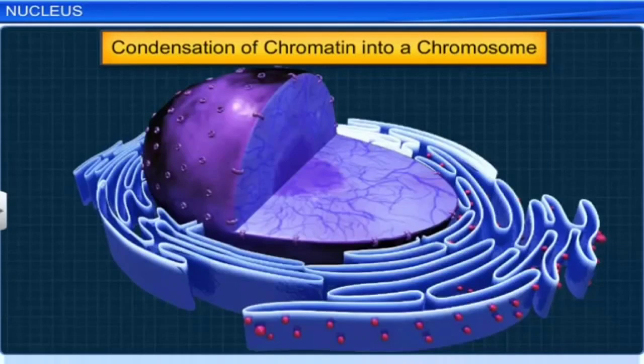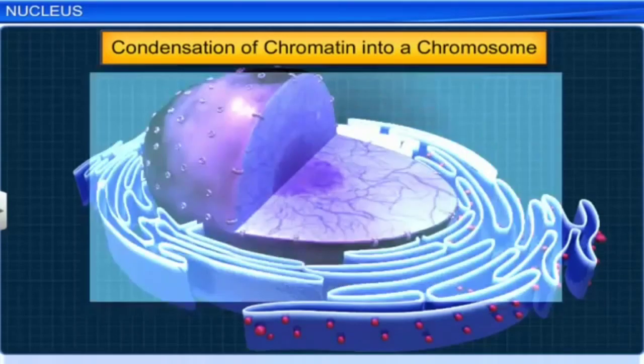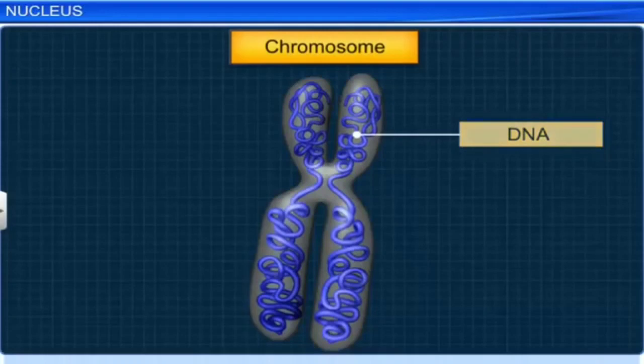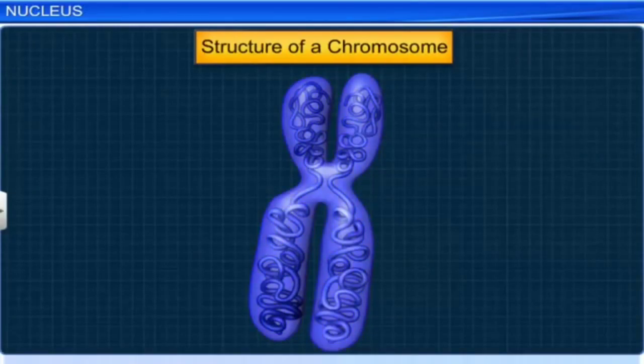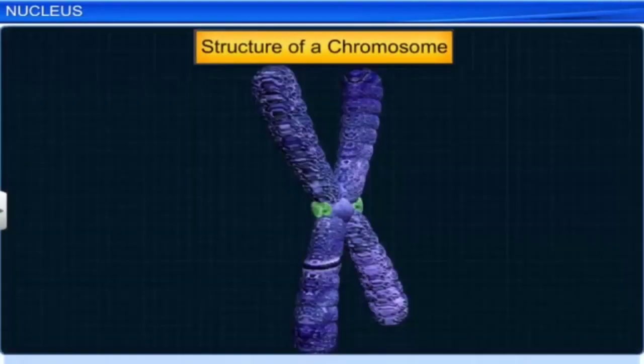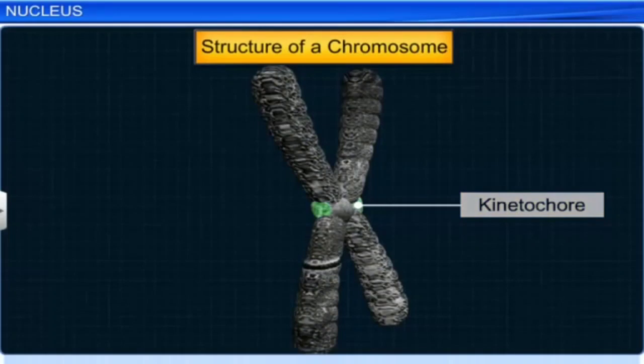When a cell begins to divide, the chromatin condenses and coils to form rod-like structures called chromosomes. The DNA threads remain distributed in these chromosomes. Morphological studies of a chromosome have revealed that it consists of a primary constriction or centromere that has disc-shaped structures called kinetochores attached to its side.